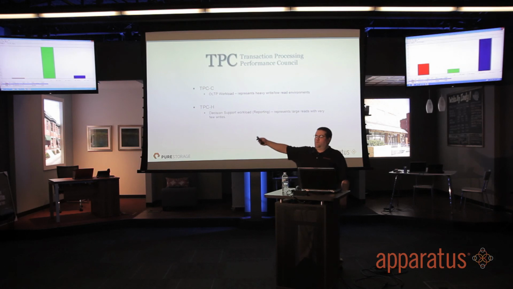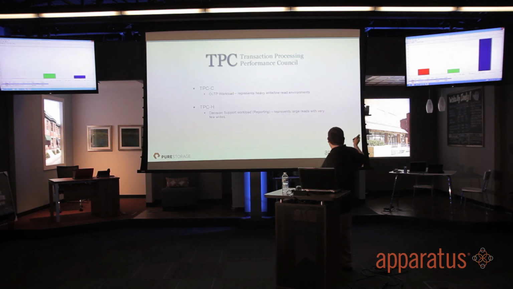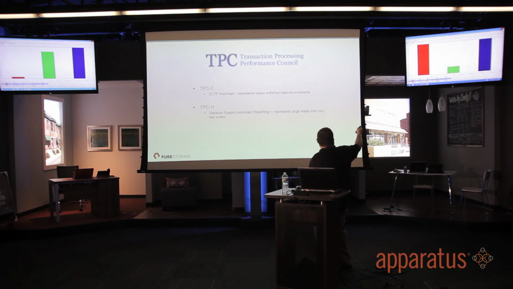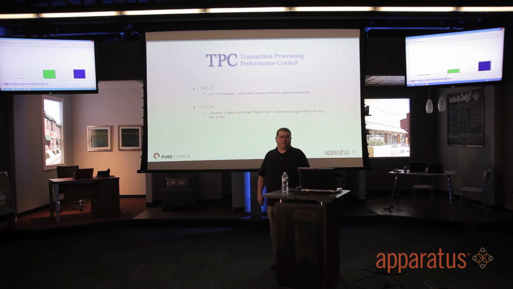So over here, we have a Pure Storage array. This one has the exact same workload running as this one over here. This one here is 28 spinning disks. One thing I'd like to show you here is the red, that is our latency. That is the average seconds per transfer.